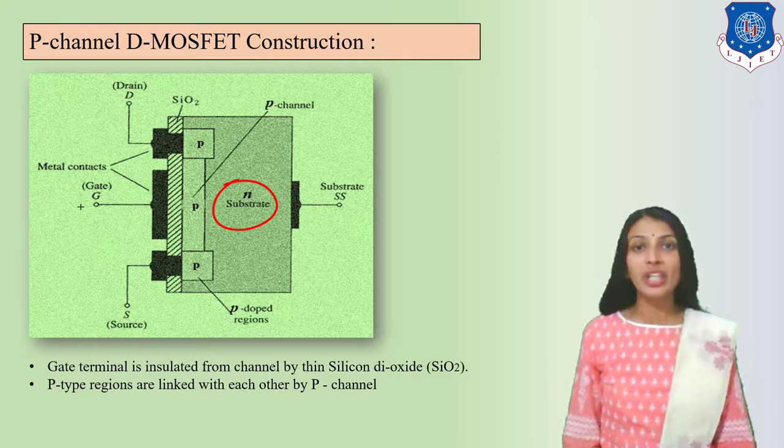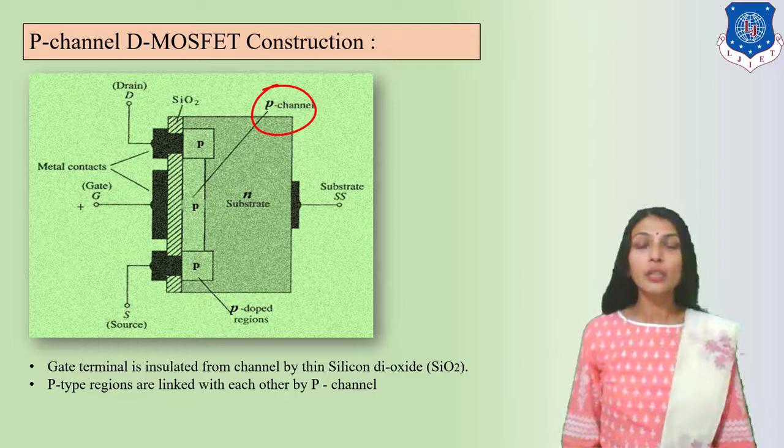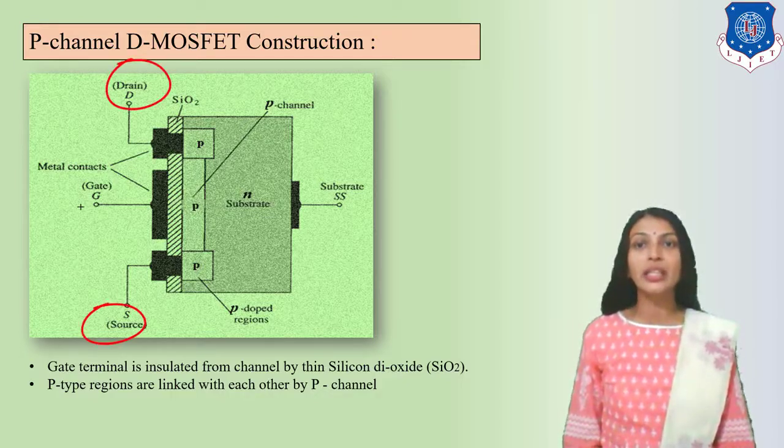Then a P channel is already there, and the other two terminals, drain and source, are extended from two P-type heavily doped regions. Those are drain and source.